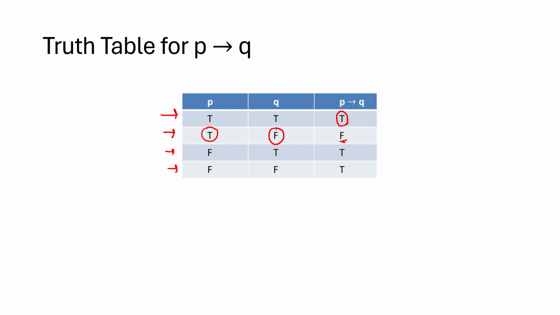We can combine the third and the fourth row into one sentence, and that is, if the premise is false in an implication, it doesn't matter whether the conclusion is true or false, your implication is going to be true. So if you have false, if false then anything, then that whole thing will be true. It doesn't matter whether your conclusion is true or false. So from a false premise, you can conclude anything, basically.